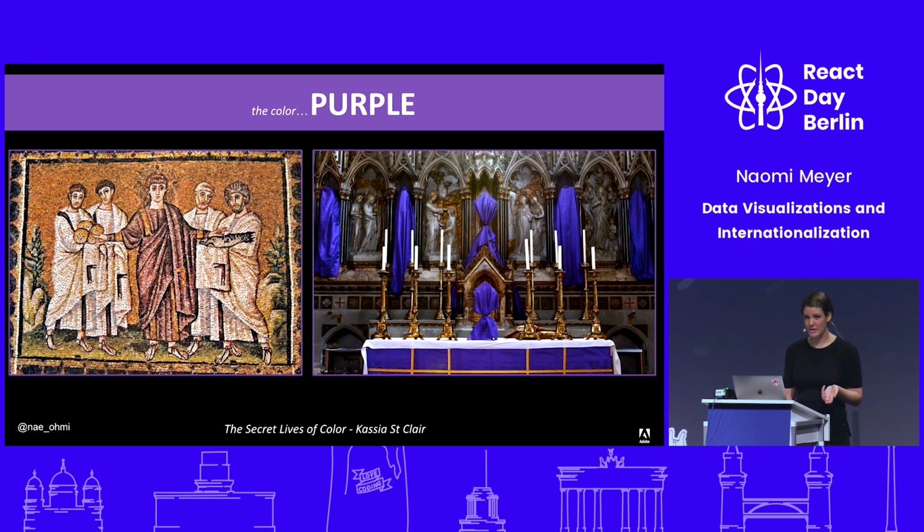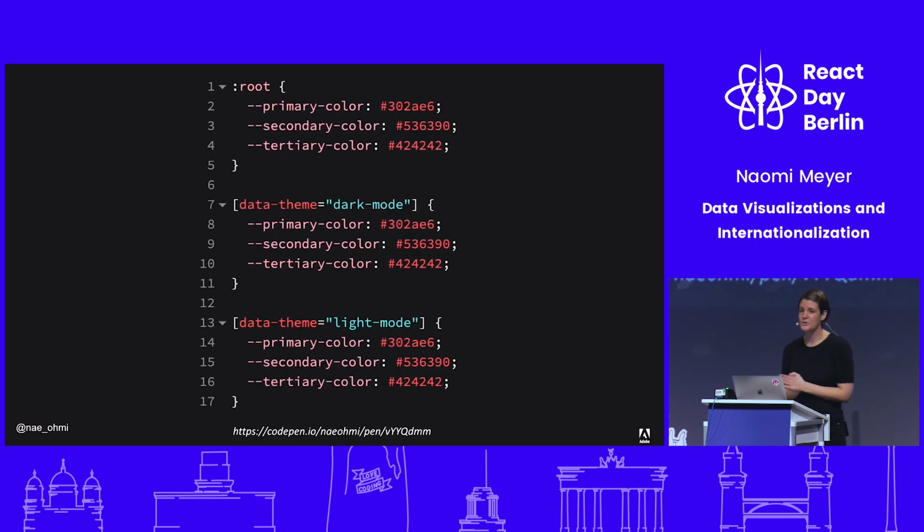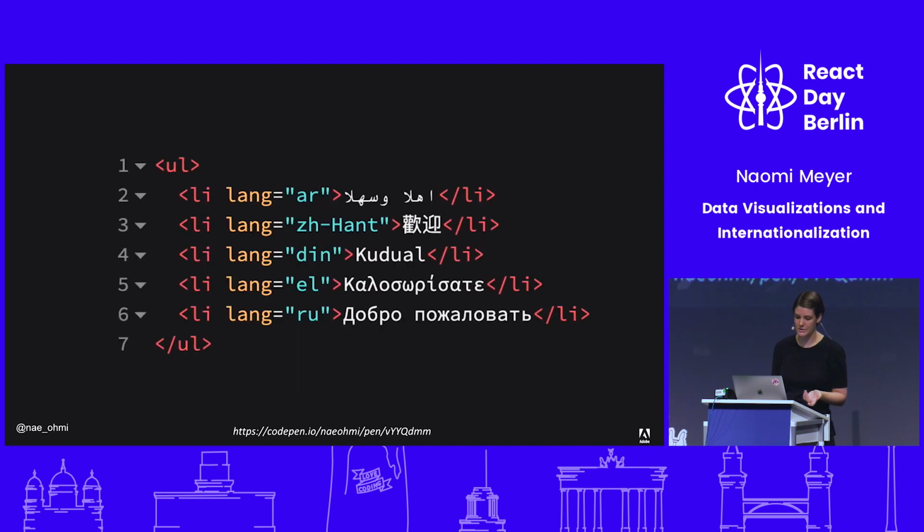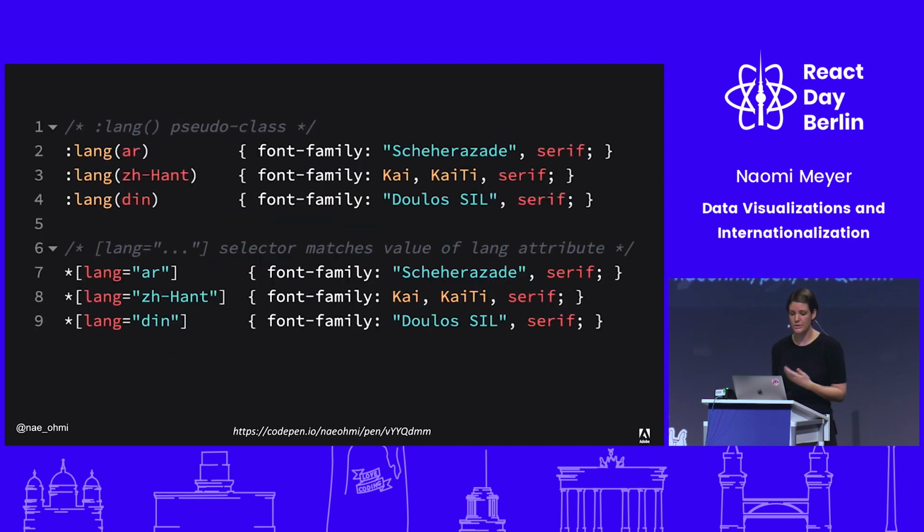So how can we handle this in React? We have tools, either CSS variables or styled components, however you want to do it, to change the color theme in our React apps, to go from dark mode to light mode. And we could take this same logic and apply it to languages. Here's a simple markup where we have language tags, and we can use CSS to grab the language with the pseudo class or the lang selector.